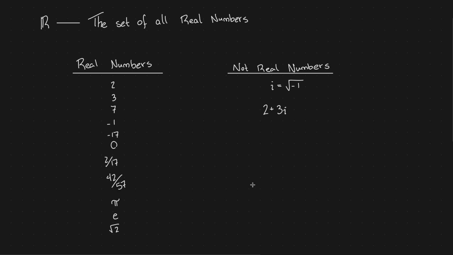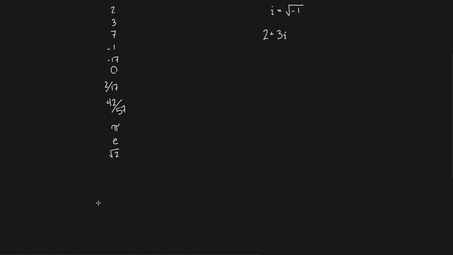We geometrically represent the set of all real numbers with a number line. So 0, 1, 2, 3, 4, -1, -2, -3, -4.